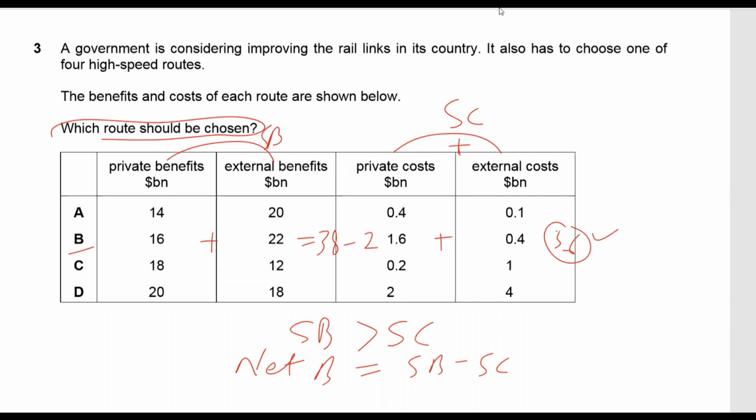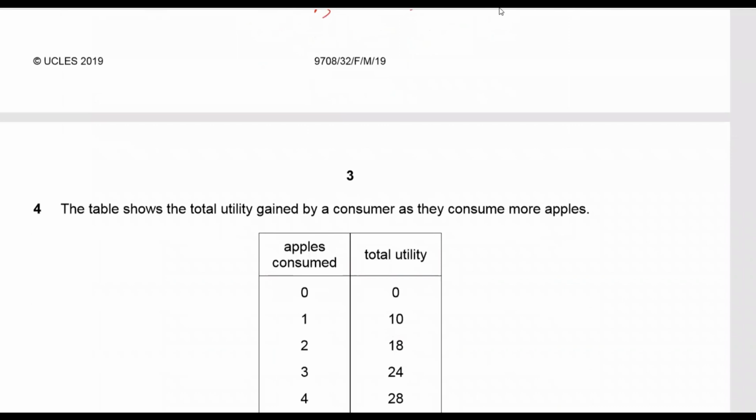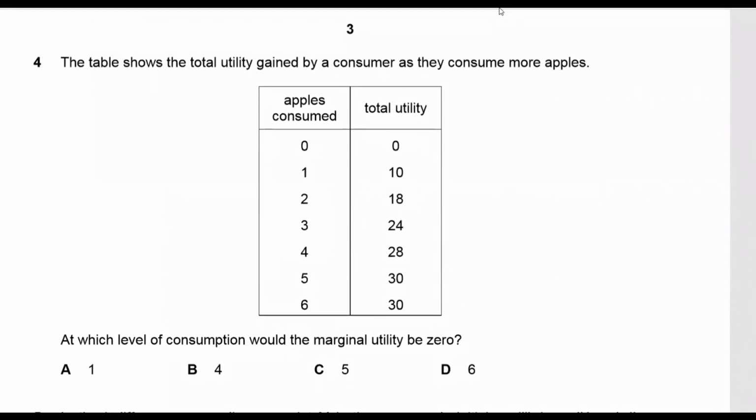This is the maximum gap between social benefits and social costs. You can verify other options as well. This is the best option, where the gap between social benefits and social cost is positive and maximum. This project is giving maximum benefits and it costs less.